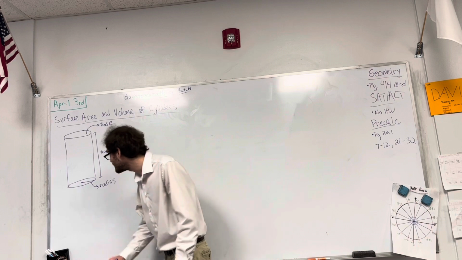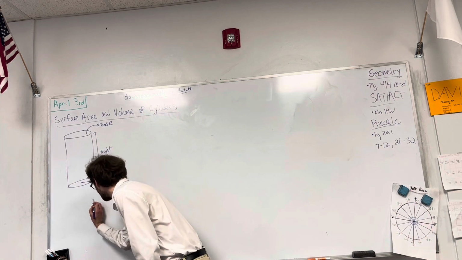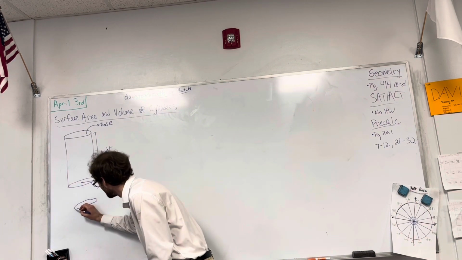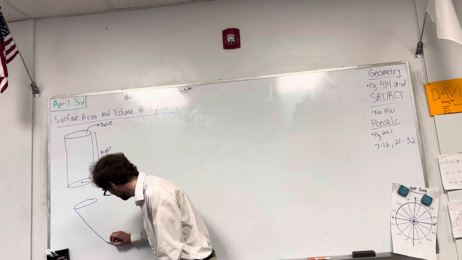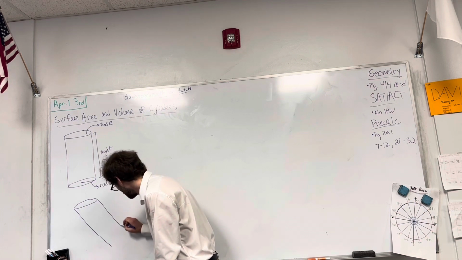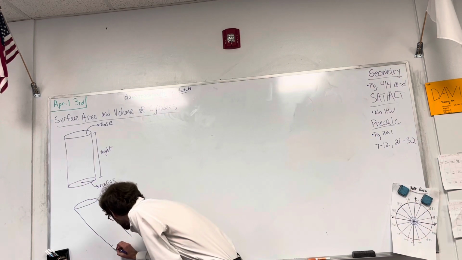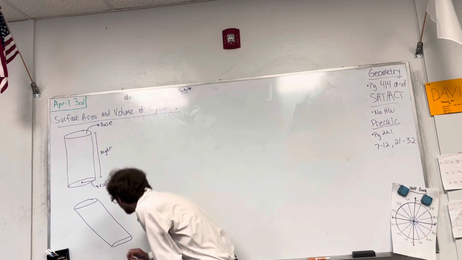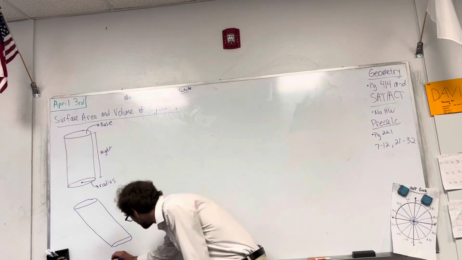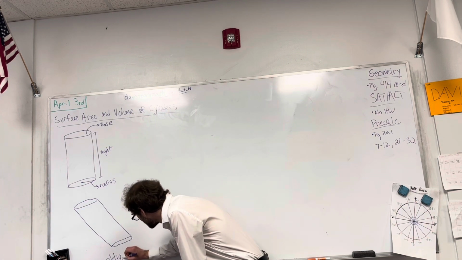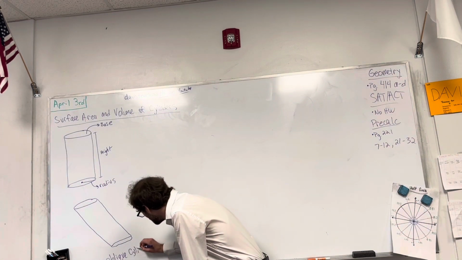So an oblique cylinder is just a cylinder that is slanted, something like this. Your book has a much better drawing of one, if you would like to see that. Yeah, something like that. So let me give it a name. This is our oblique cylinder.